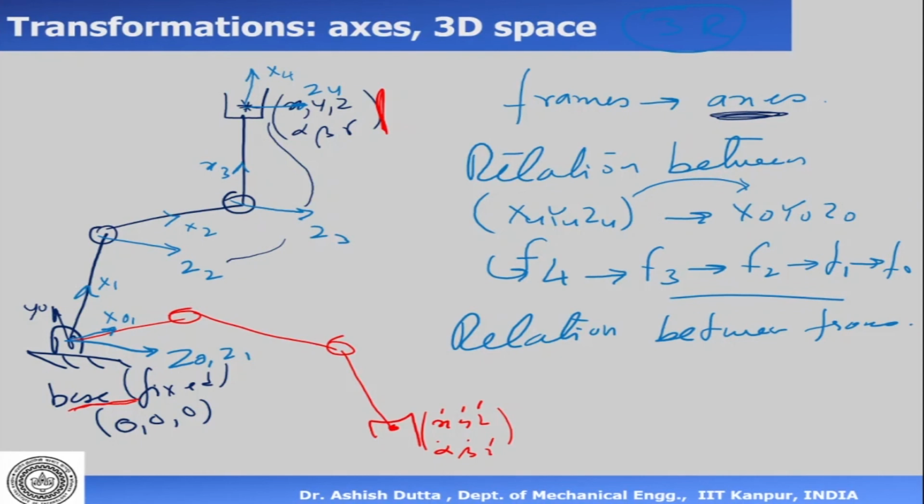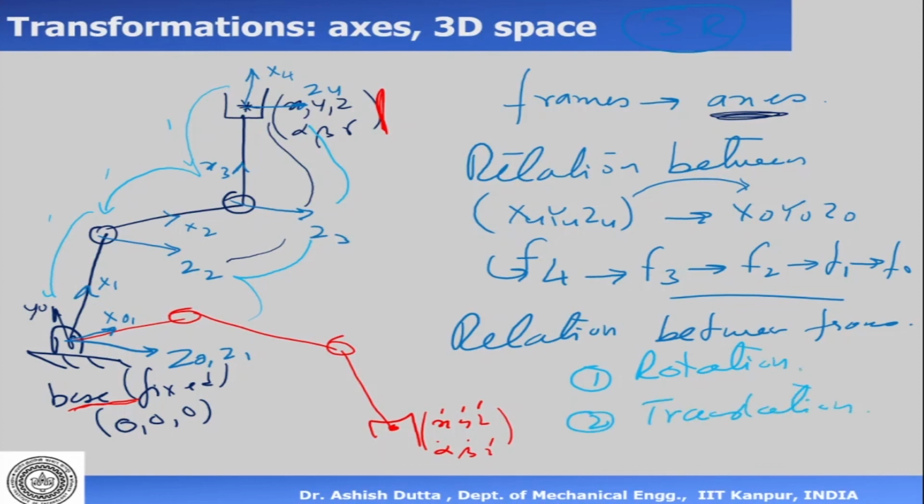I'm going to go from link to link, or frame to frame. So in the previous case where I drew all the frames, from this frame I went there, there, and then there. So I can find the relation between this frame and this frame, then this frame and this frame, in that order. So the end effector frame I can always find with reference to the base frame by coming from the end effector frame to the previous frame, and then to the previous frame, then to the previous frame. Because at most there is, number 1, a rotation involved between frames, and number 2, a translation involved between the frames.